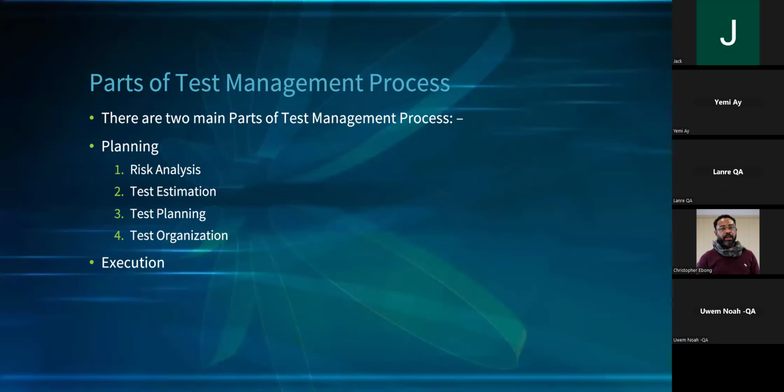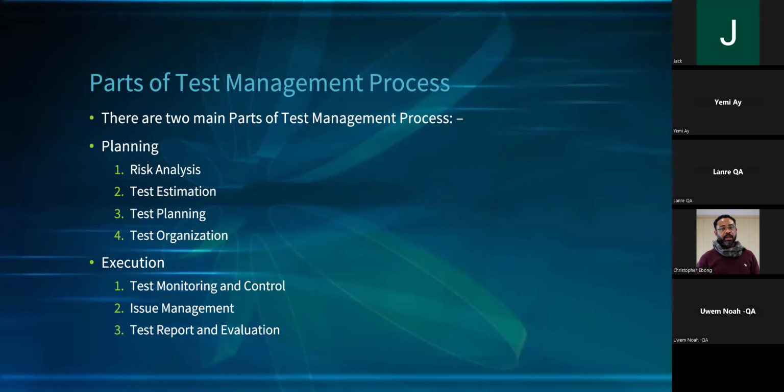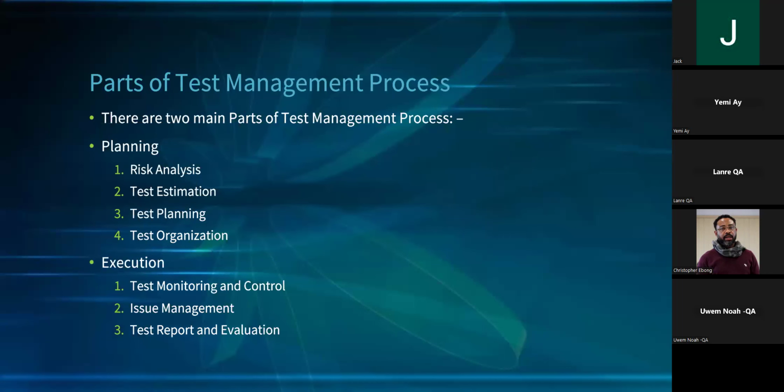Now we talk about execution: the test monitoring and control, issue management, test report and evaluation. Those are the things that are part of it. 2 main parts: planning, phase 1, execution, phase 2. And they all come together as one.